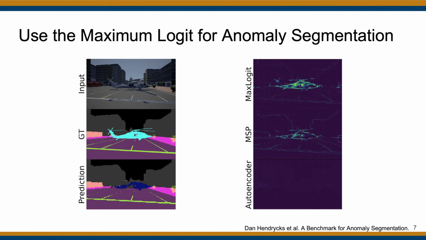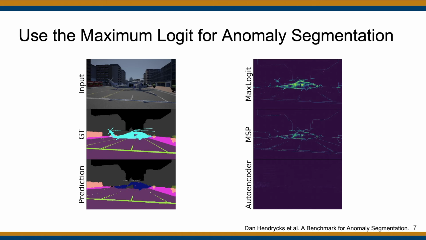But if we try to estimate its uncertainty and have it tell us where the anomaly is, well, then we see that the maximum logit seems to give the best overall heat map of where the anomaly actually is. It does better than the maximum softmax probability, and compared to some other techniques, let's just say autoencoders or Monte Carlo dropout, the maximum logit does best.